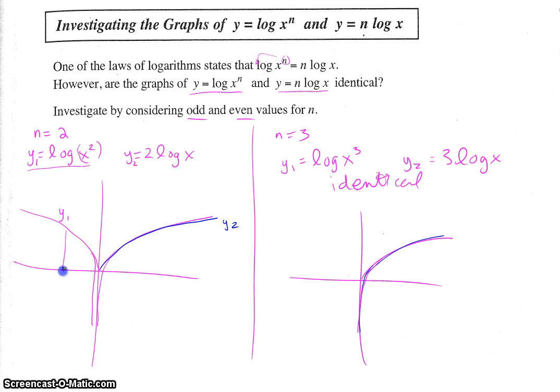So all these negative x values like -4, if I put that in for x, it'd be -4 squared and then it became positive 16, and there's no problem then with finding the log of that. Whereas here, x is what it is, and therefore we can't go into 0 or negative values. These two, when the exponent is odd, if x is negative, we end up with a negative value, so we can't have any values left of 0.